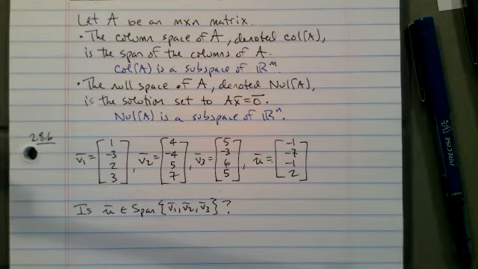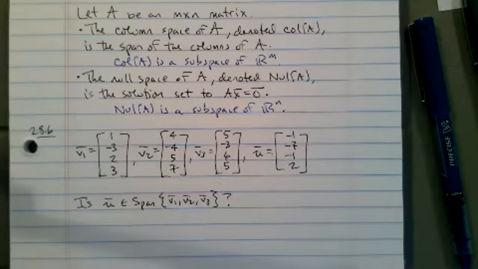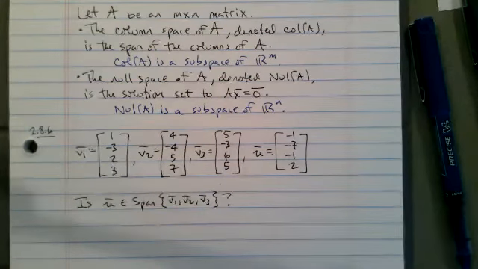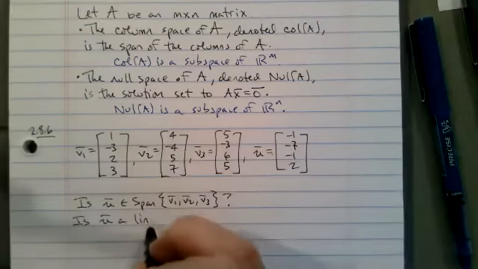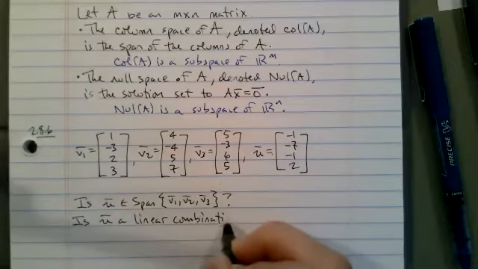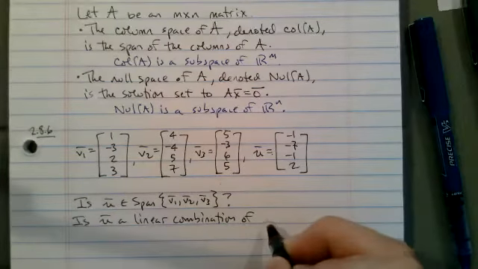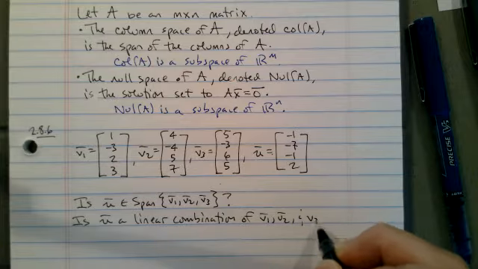An equivalent version, if we want to ask in terms of vector equation, we're saying, is U a linear combination of V1, V2, and V3?